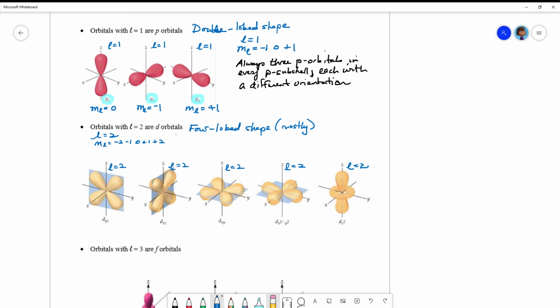That is 5 M sub L values, which explains why we've depicted 1, 2, 3, 4, 5 d orbitals. And as such, we always have 5 d orbitals in every d subshell.